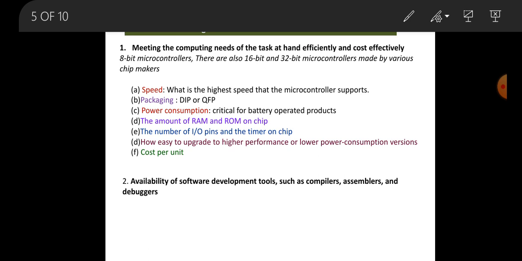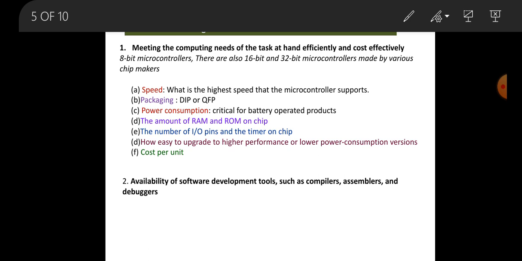Earlier we said the first and foremost criterion for choosing a microcontroller is that it should meet the task at hand. Means whatever the application you have, it has to perform it efficiently, plus it should be cost effective. First you have to analyze, the programmer or the designer has to analyze what is the need of your microcontroller, what should be the word size of your microcontroller.